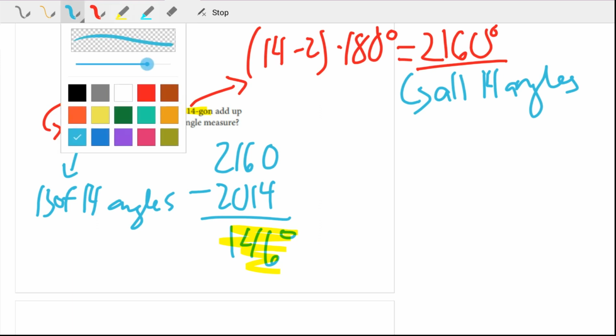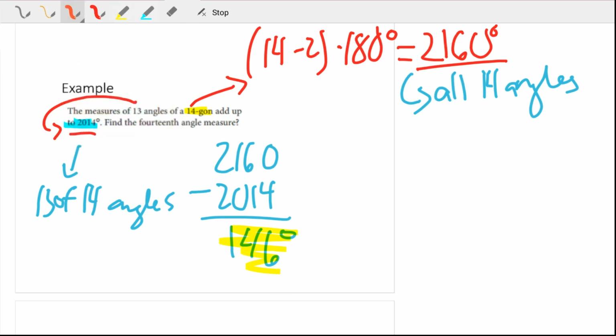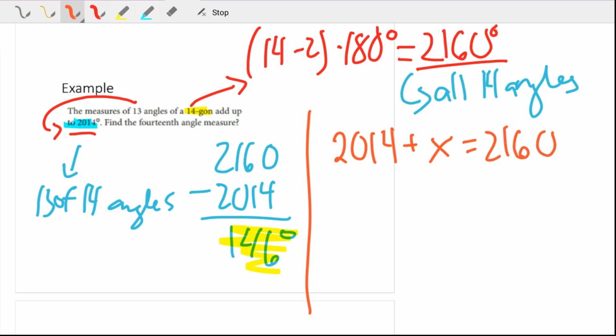Now, for instance, let's say you're the type that needs an equation, you can go ahead and set it up. So we know that 13 angles equal 2014. We're missing 1 angle, and we know that it has to add up to that right there. It's just a very nice way. For some of us, we really need to see the equation, like why it works.